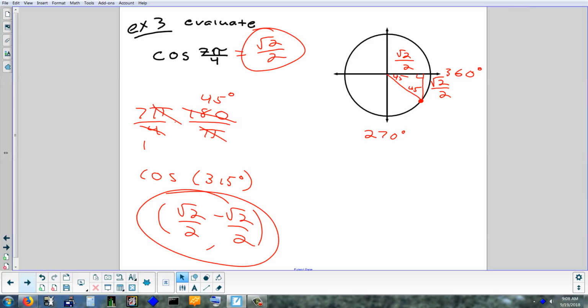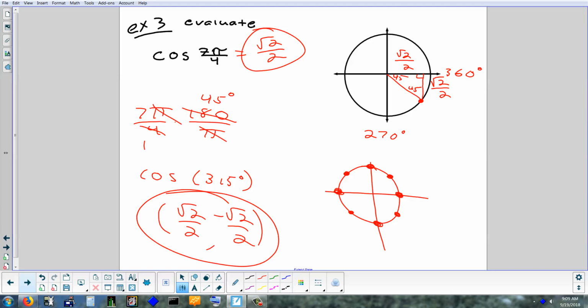Okay, so at this point, you should be able to find the coordinate for any of the 4 points I just marked. Those are all the 1s and 0s and negative 1s. And you should be able to find the coordinates for all the 45s. We just went through each one of them.